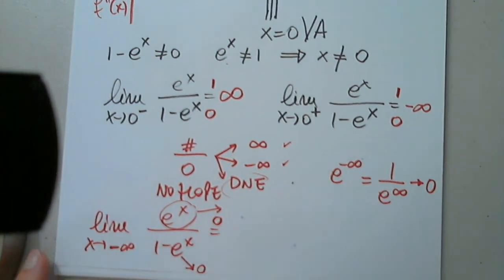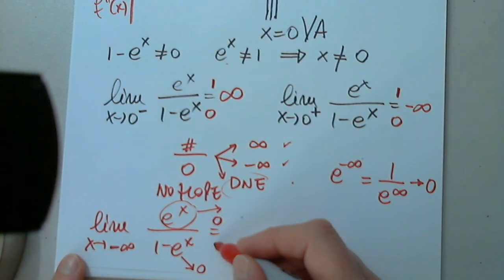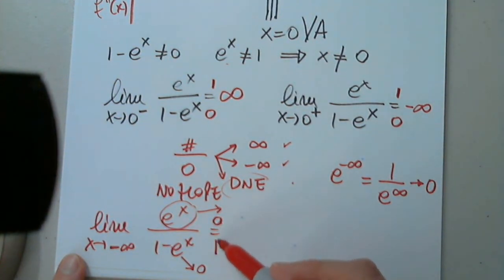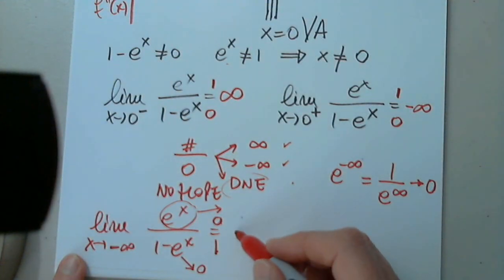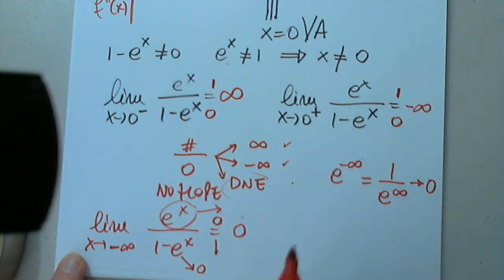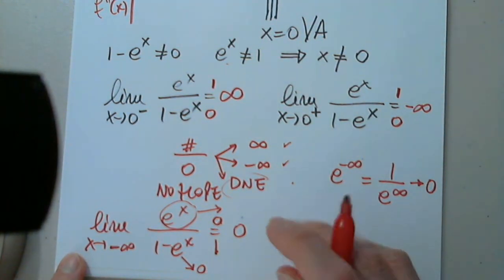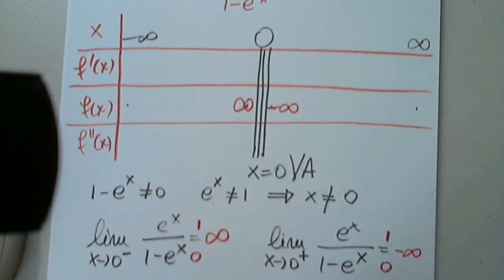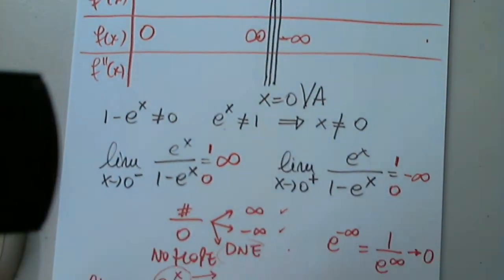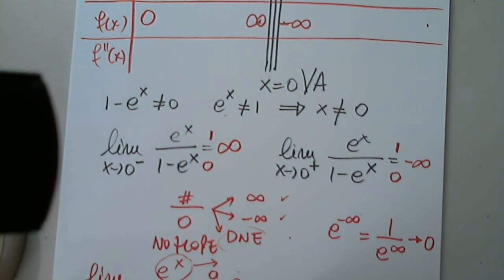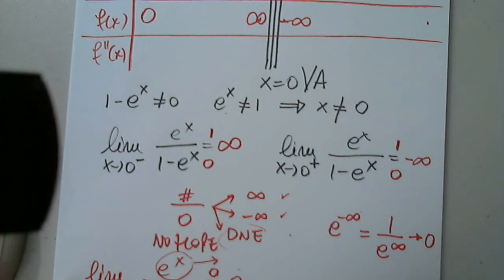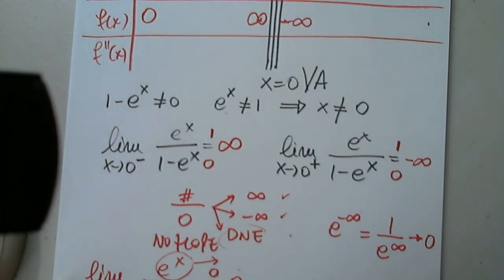But where is the entire denominator going? 1. Yes. How much is 0 divided by 1? Just 0. Excellent. Which means that we have 0 here. y equals 0 is a horizontal asymptote at negative infinity.